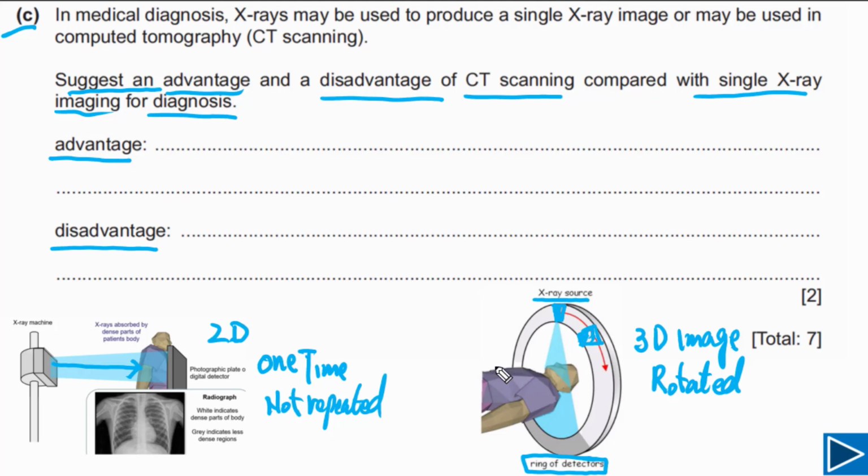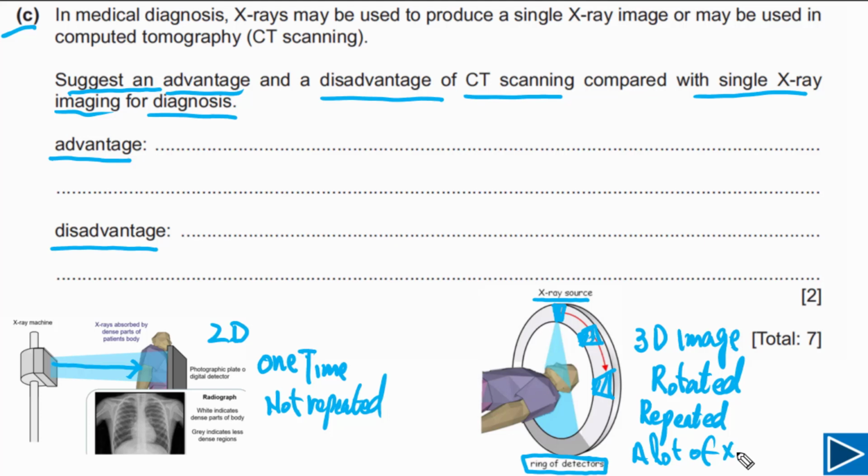We make another two-dimensional image, and then we move this to the next position and we repeat the process again. So you can see in this case the process is repeated many times, and then we combine the two-dimensional images to form a three-dimensional image.